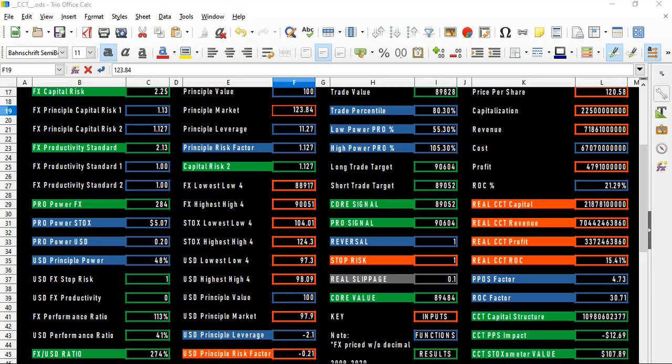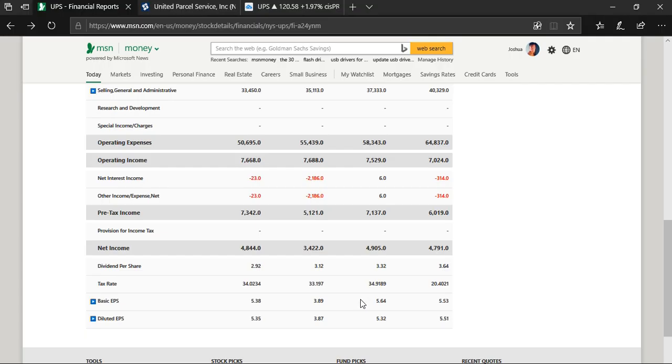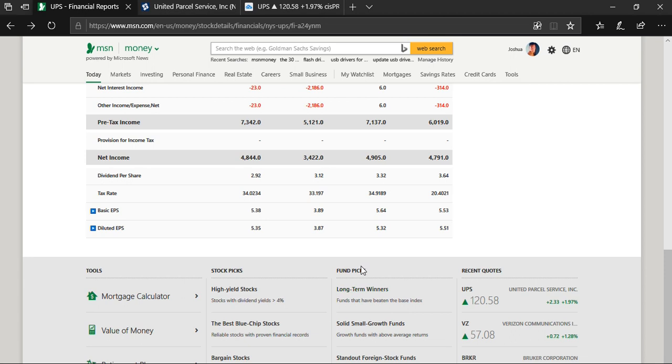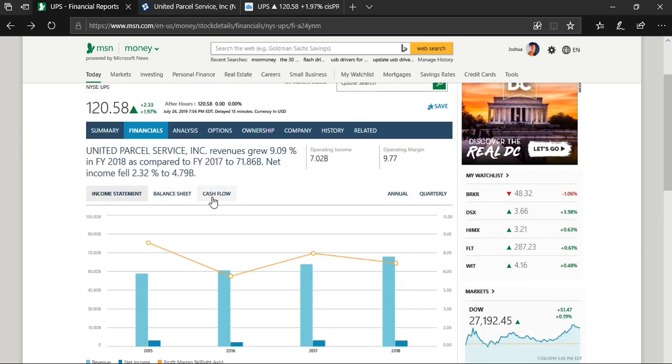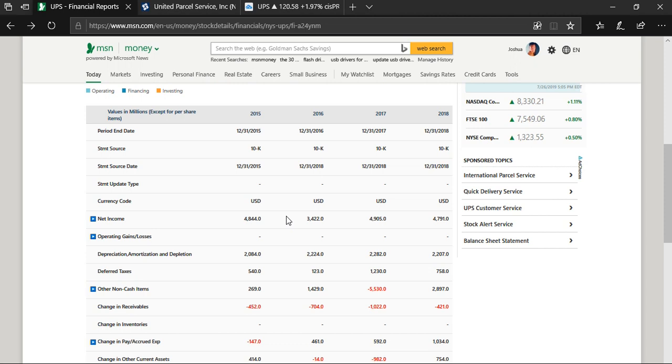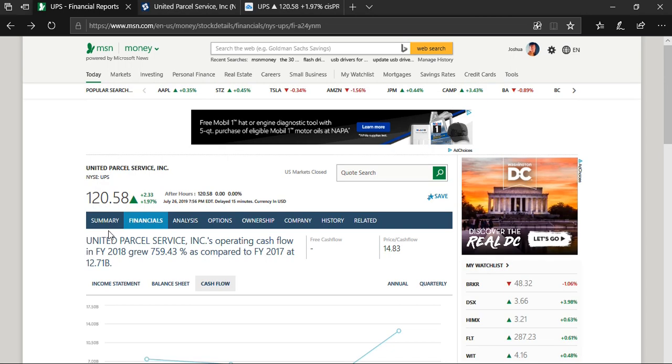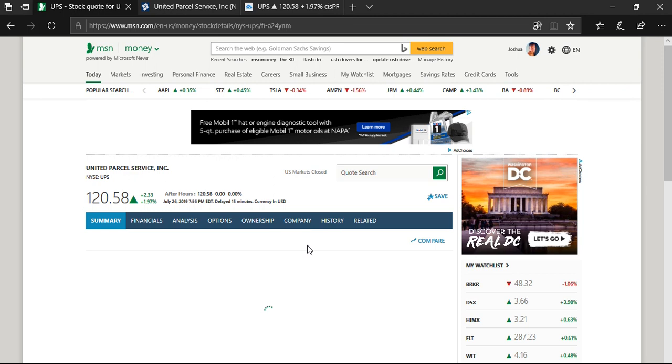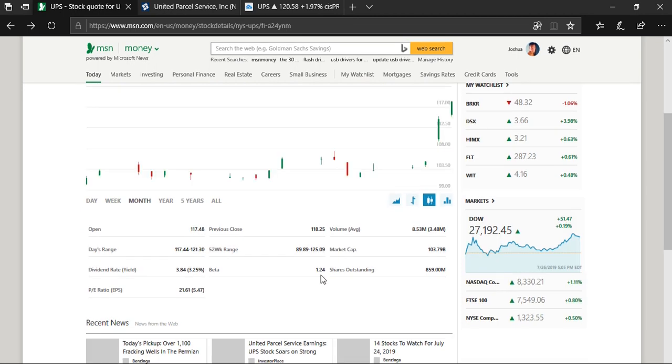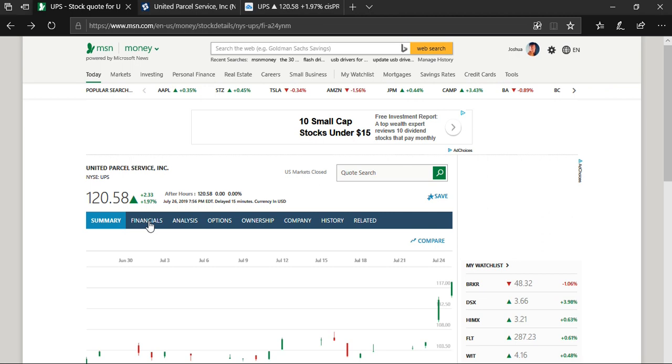Now, we can go to MSN Money, and I don't use their metrics for return on capital, but I can find it on here somewhere. It might be on, let's go to the summary, see if it has a return on capital value on summary. Not there. Go to analysis, see if it's there.